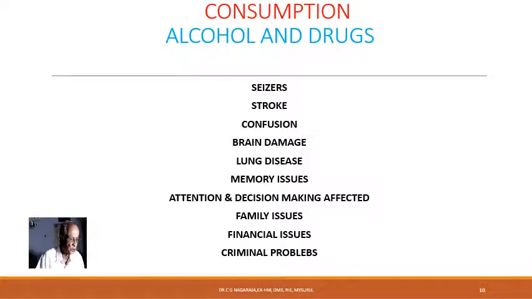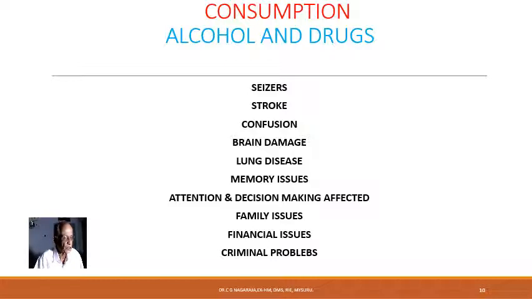Well, we will try to know now what the effects are of either alcohol or drugs if it is consumed at a level which is not permitted by either the doctor or by your own body or your own family members. You may be subjected to seizures. That means the brain may send signals for seizures where both the hands and the legs will stop working, the brain will stop working, and you get what you call lockjaw type of activity, and there may be a stroke.